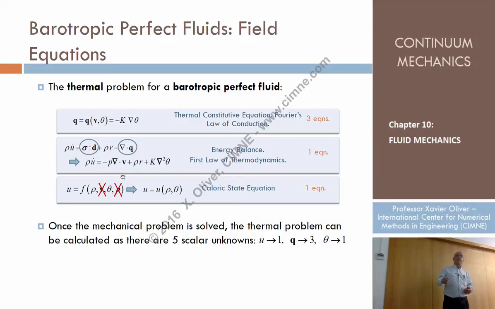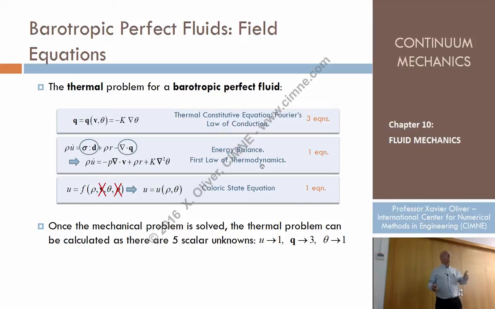That's what I said, it can be replaced. And then this is rho r, and this is the divergence of Q, which can be related by that. And then with the caloric state equations, the remaining unknowns are the internal energy, the heat conduction vector, and the temperature: 5 more equations, 5 more unknowns.